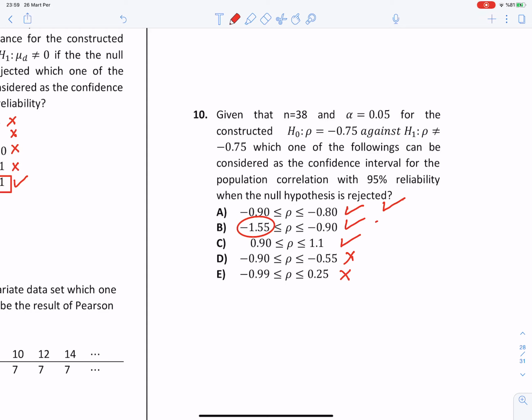And in option C, 1.1 is also greater than 1. So it means option B and option C cannot be considered as the confidence interval. So the right answer is A.